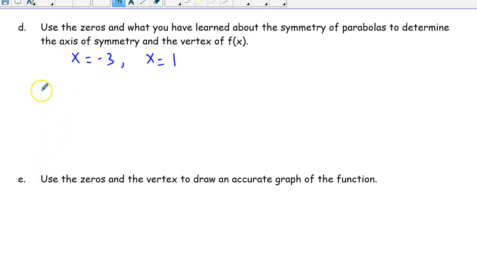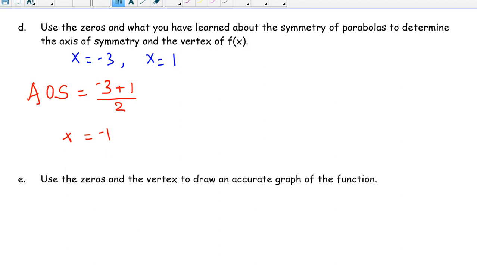Let me find the axis of symmetry. In short, I'll write AOS, that is axis of symmetry, is equal to negative 3 plus 1 divided by 2. That gives you negative 2 over 2, that is negative 1. So your axis of symmetry, which is the value of x, is negative 1.